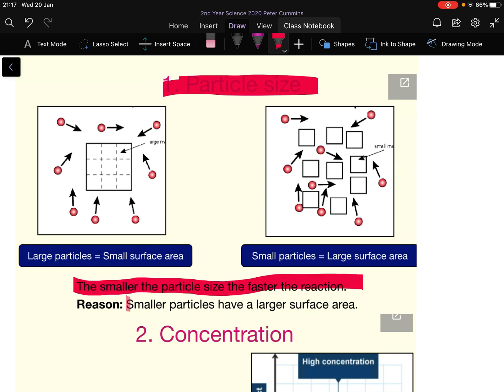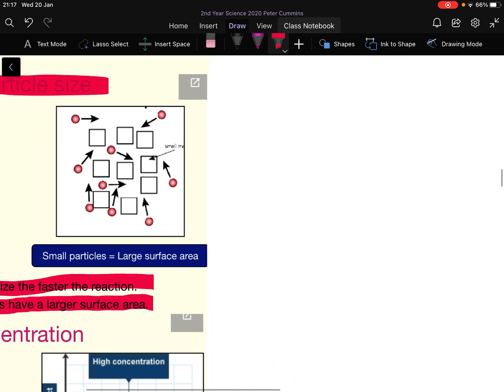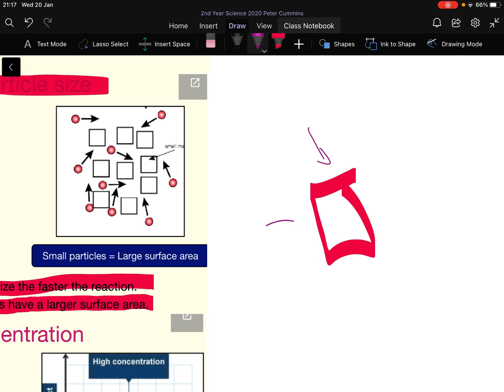Reason being is because smaller particles have a larger surface area. So if I gave you a chunk of marble and I wanted you to react it with acid, well, the acid would only have these 4 sides to attack your chunk of marble. So acid is coming in from all 4 sides.